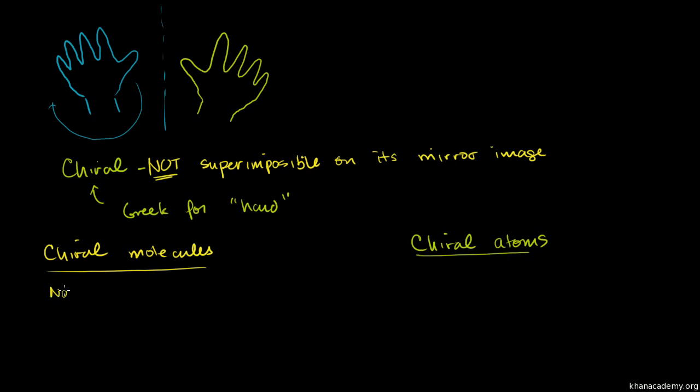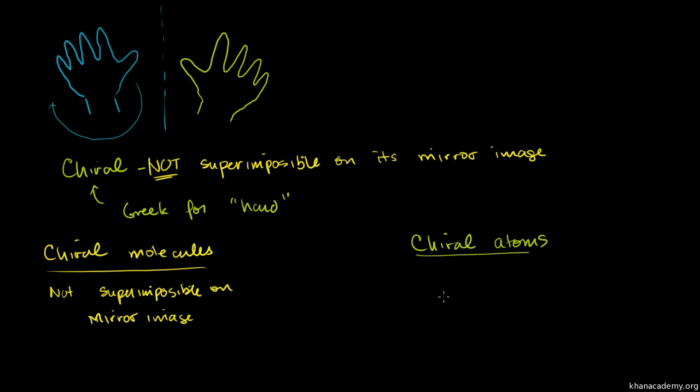So, I'm not going to write the whole thing, not superimposable. Well, I'll just write the whole thing. Not superimposable on mirror image. Now, for chiral atoms, this is essentially true.